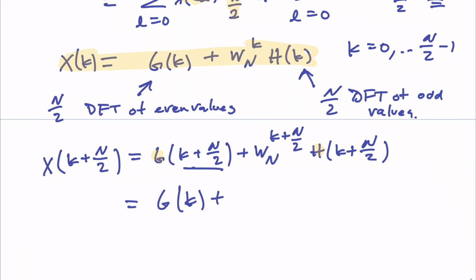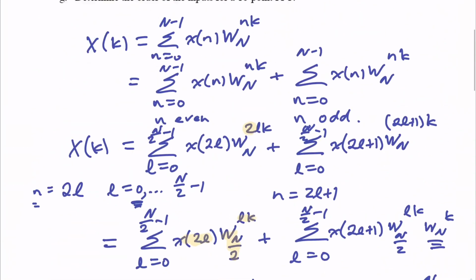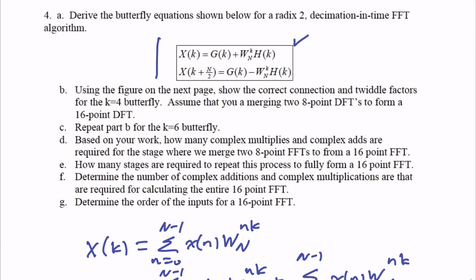Okay, and then in class we went through this, that this is just properties of exponentials, that this becomes W_N to the N over 2 times W_N to the k H of k. And then this term is minus 1. Okay, so that does it for the proof. This gives us both halves of this butterfly equation.